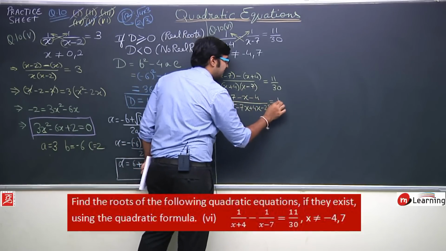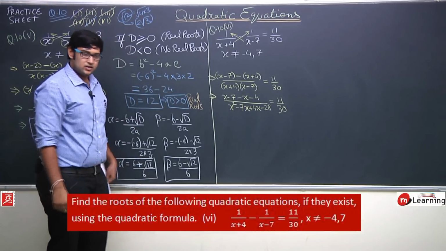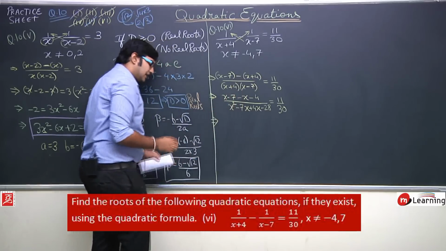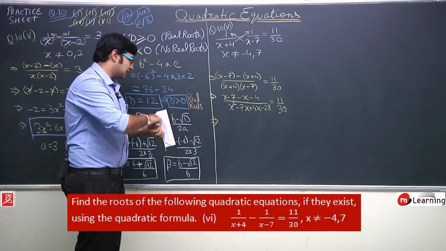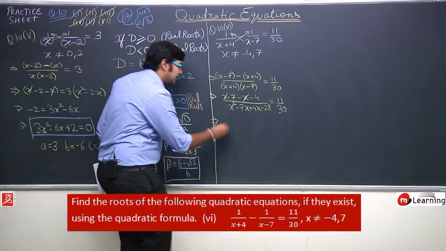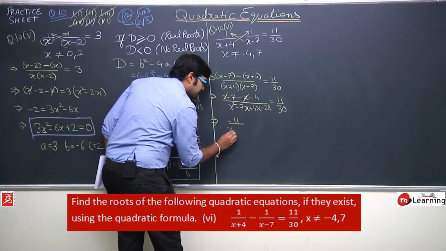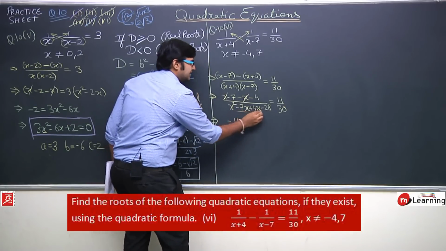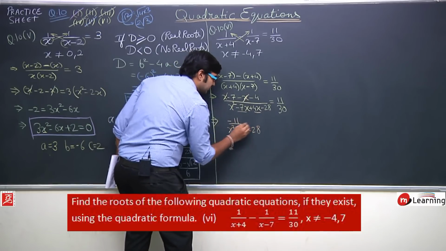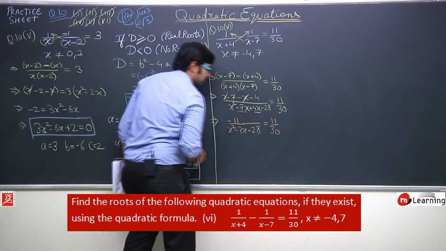This is equals to 11 upon 30. Okay. Further simplifying it, x and x will get cancelled. From both the parts, these two x will get cancelled and you will be left with minus 11 upon x square. Now minus 7x and plus 4x is minus 3x and minus 28, okay, is equals to 11 upon 30.